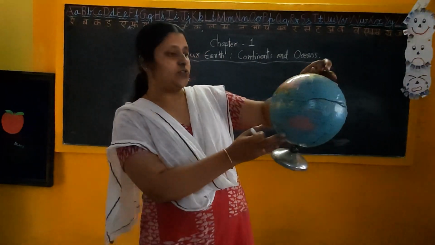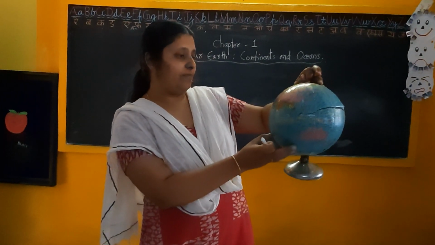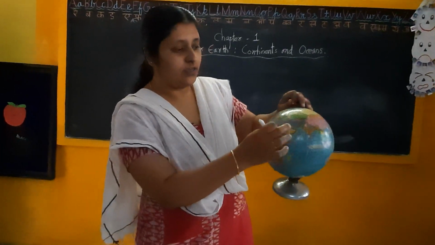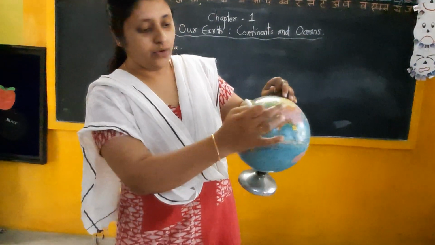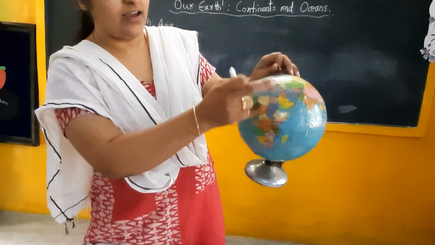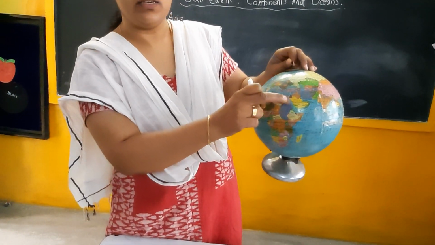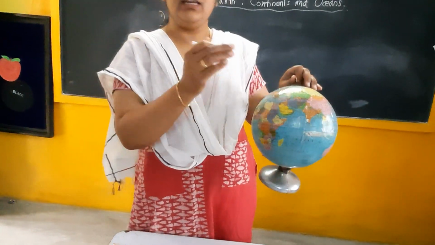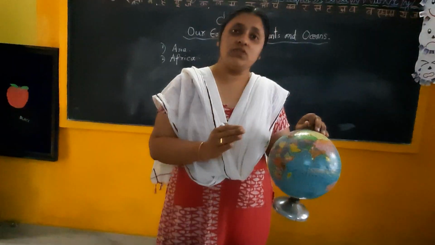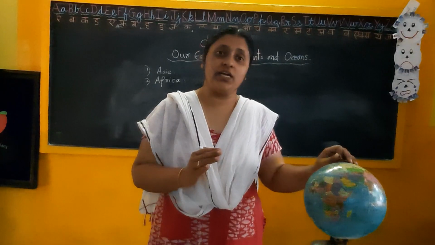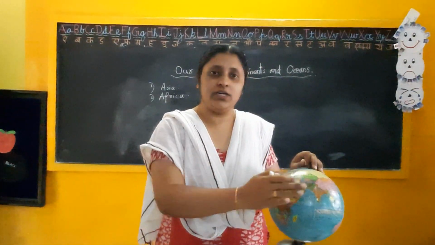In our globe also it is here. Where is the Suez Canal? Here it is. So this is Asia, this is Africa, and this is Europe. This point is the Suez Canal. It allows two-way water transportation between these continents.